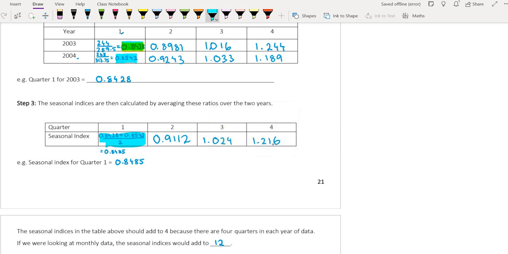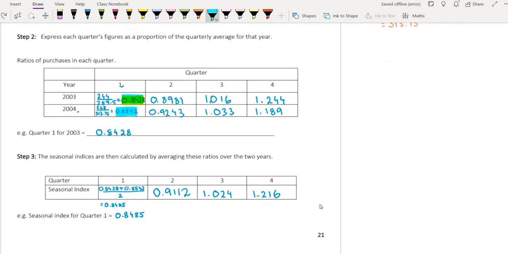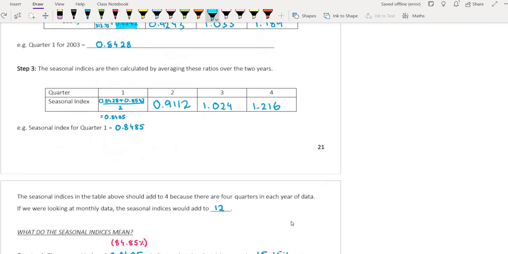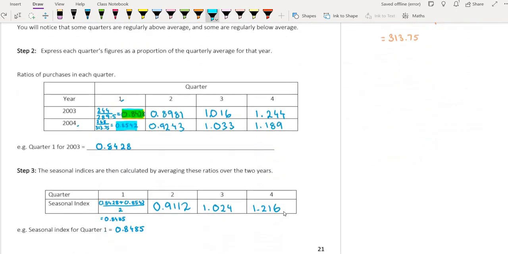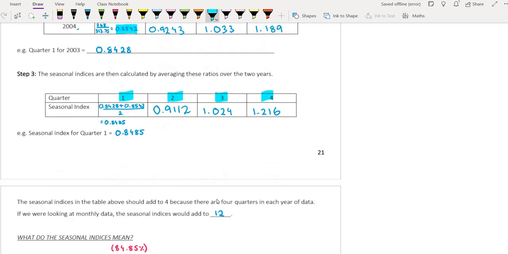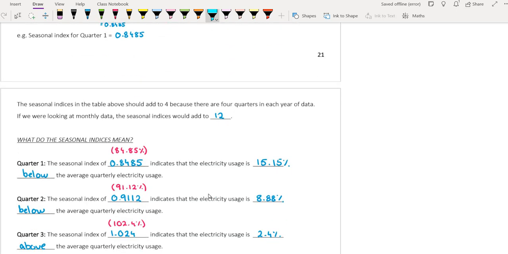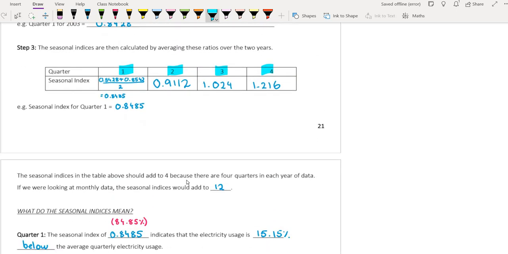And then you have a seasonal index for that quarter. So average, average, average, and it takes you to a seasonal index. You end up with just the 4 values, one for each quarter. So each quarter will have a seasonal index. And then you can analyze what this means after that.